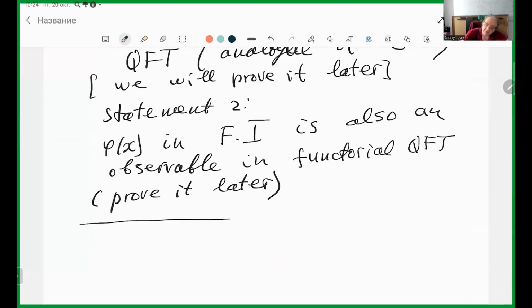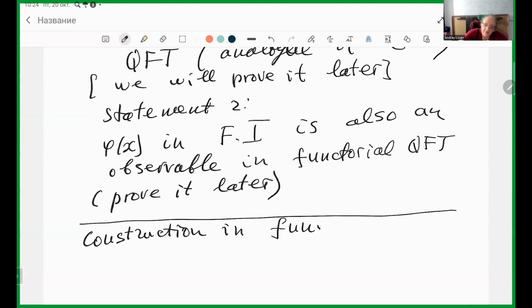But now, the construction in functorial QFT. It is called OPE, a historical name.